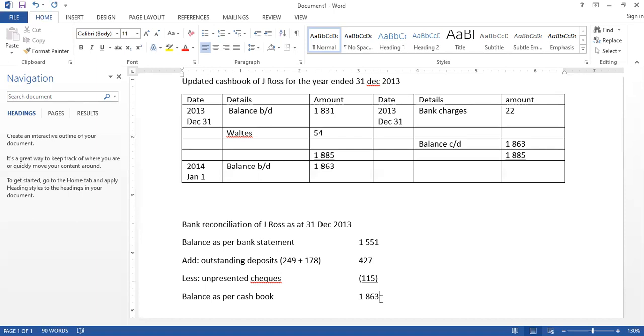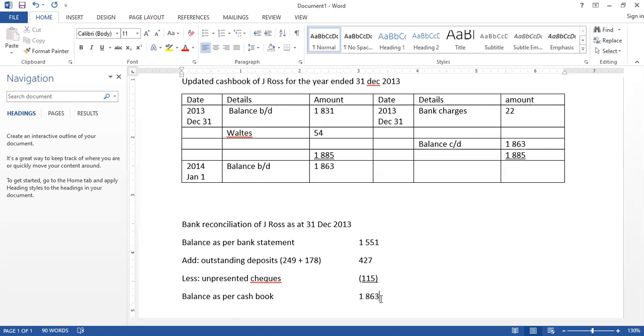And then the bank has erroneously debited a stop order of 100 against the bank account. So we said that sometimes it's not just the differences between the cash book and the bank statement that we can record. Sometimes there can also be errors made.